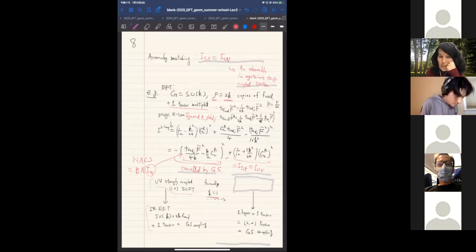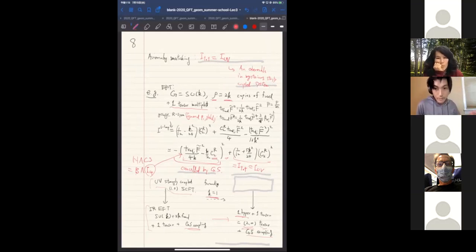Then this IR EFT, when K equals 1, has 1 hypermultiplet. So with SU(1), the gauge group is gone, but we still have 1 hyper and 1 tensor. And the two together form the (2,0), I mean, extended supersymmetry, (2,0) tensor multiplet. And we still have the Green-Schwarz coupling, because it involves the C2R background.